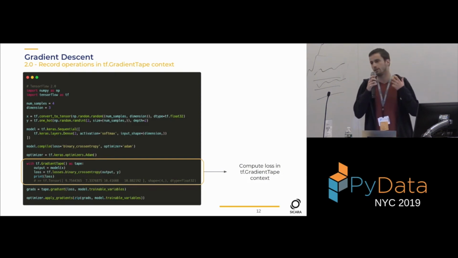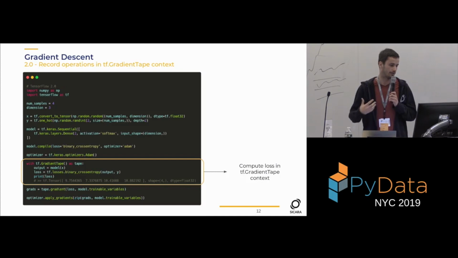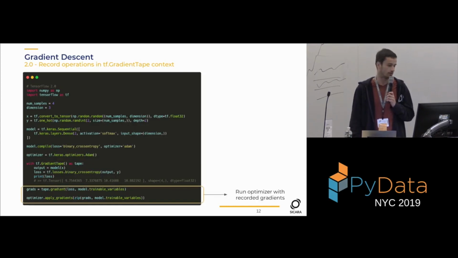It records all operations that are done, and it helps to get the gradients on the operations performed during the context. So you run all the necessary operations inside this context object, and then the tape.gradient method contains all the gradients you can have on this graph, and then you can apply them to the model parameters with the optimizer's apply_gradients method.